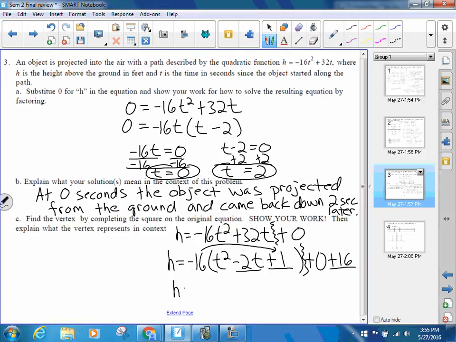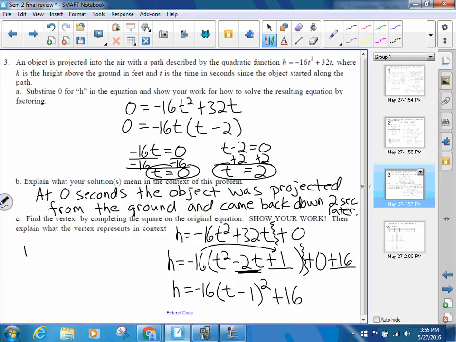Okay? So now I have this. Now I'm going to write this trinomial that's in the parentheses as a square binomial. Again, half of -2 is -1. So that's what goes there. We square that. 0 plus 16 is 16.